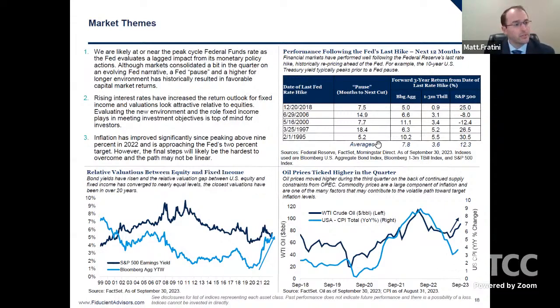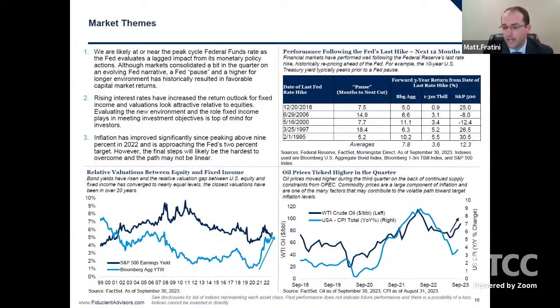When you look at the bottom here, looking at the averages across each one of the segments, you can see overall very nice absolute returns across very different investing timeframes, whether it be in the mid-90s all the way to the most recent time frame of 2018. You can see the aggregate bond index up 7.8% on average, cash up 3.6%, and the S&P up 12.3%.